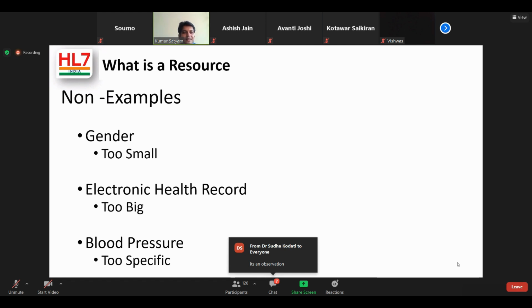So these are just non-examples that I put so that you are clear on what are resources. Now you know a patient is a resource, but gender is not a resource. A diagnostic report is a resource, but electronic health record is not a resource. Observation is a resource, but blood pressure is not a resource. Okay.